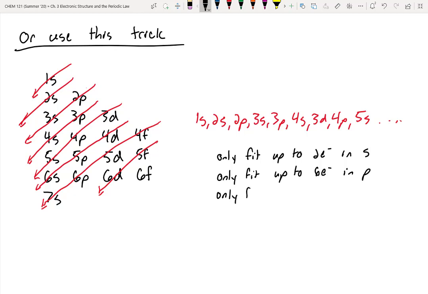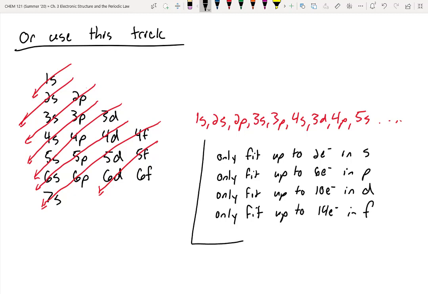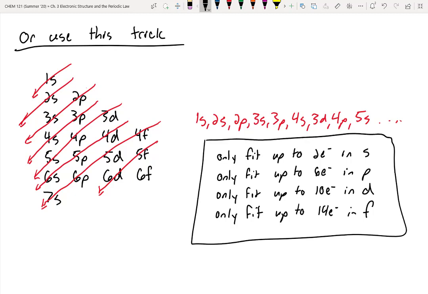You can only fit up to 10 electrons in a d, and you can only fit up to 14 electrons in an f orbital. So you can use either one of these tricks, but this is something you need to memorize, and I'm fine with you using any of these tricks on an exam.